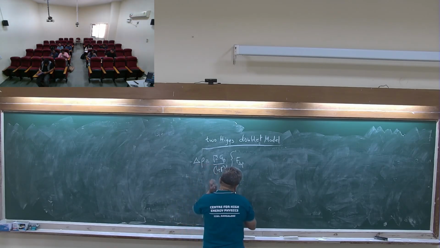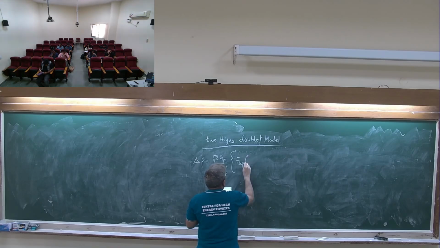This delta rho is just a function. I'll just define what it is. Ma square.